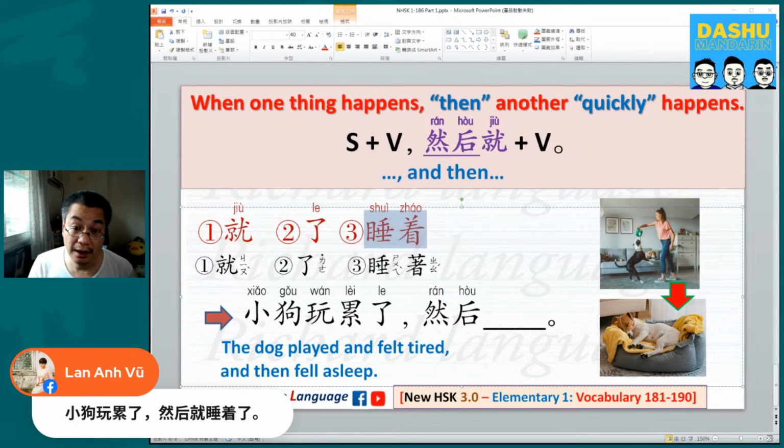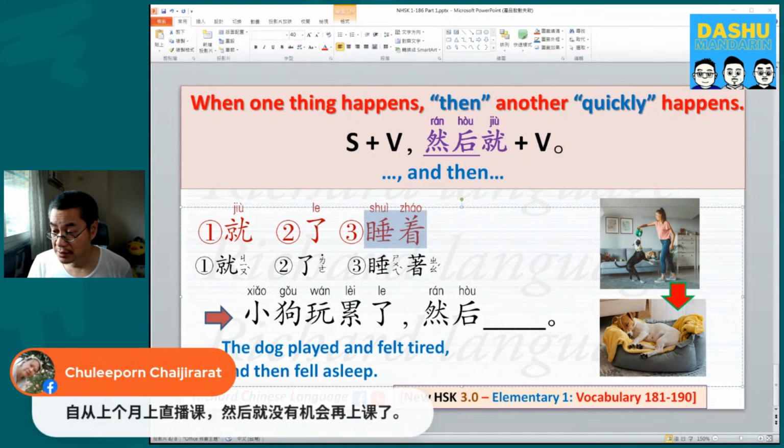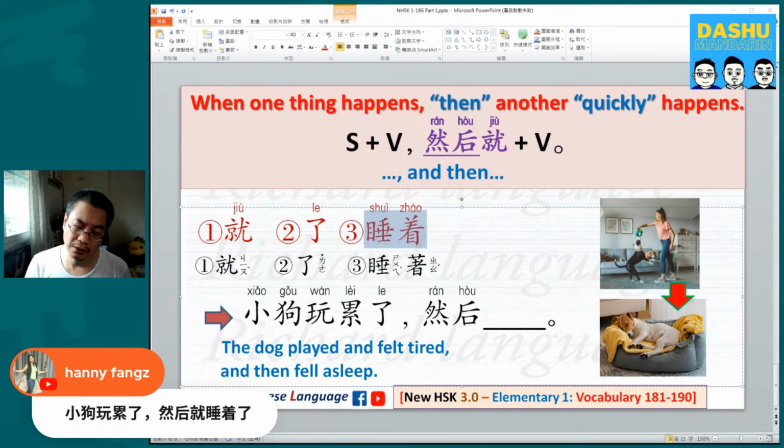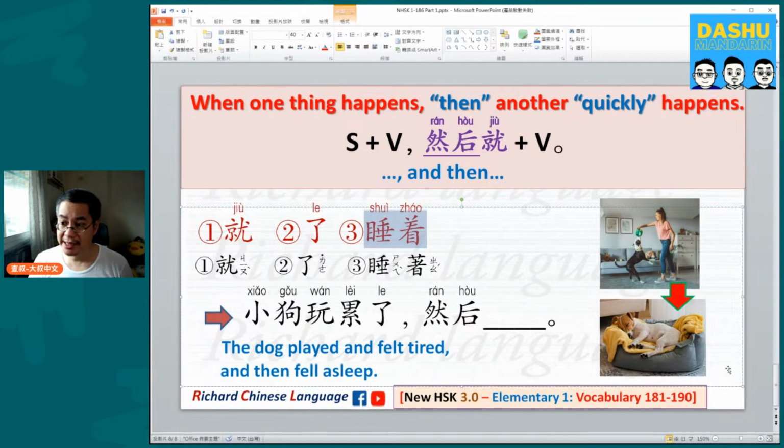小狗玩累了，然后就睡着了. 自从上个月上直播课，然后就没有机会再上课了. Good. So whether it's grammar structure 1, 一……就……, structure 2, ……后就……, or structure 3, 然后就, all the structures mean one action and then the other action happens quickly.